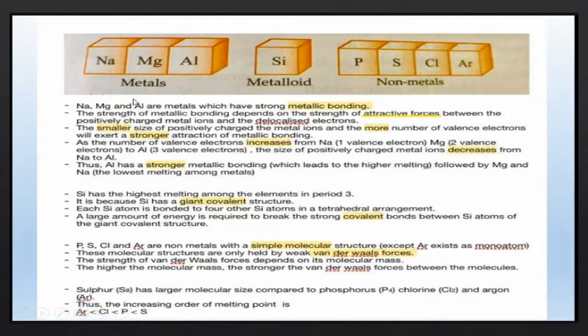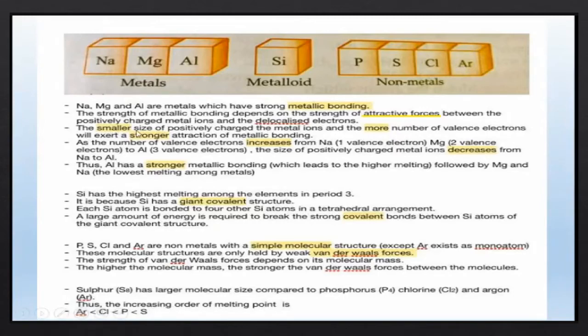Okay, while you explain this, you must explain what type of bonding. So sodium, magnesium, and aluminium are metals with strong metallic bonding. And next, you must explain what type of forces. This force is the attractive force between the positively charged metal ion and the delocalized electrons. Then you have to mention that the strength of the metallic bond is directly proportional to the number of valence electrons and inversely proportional to the size.